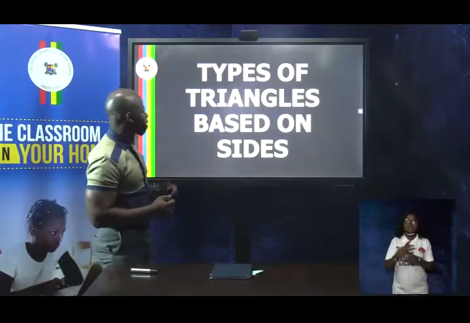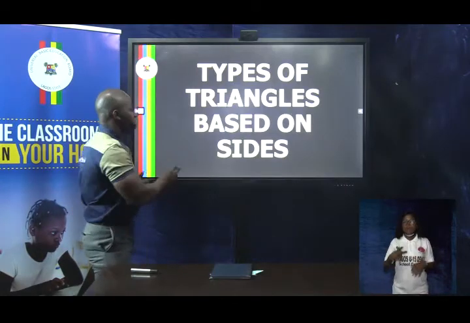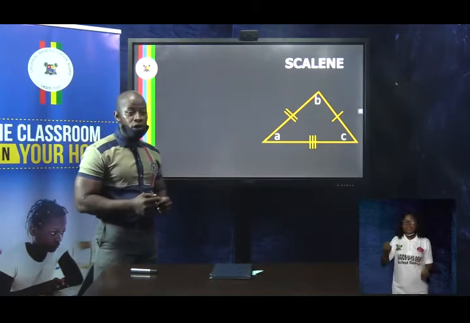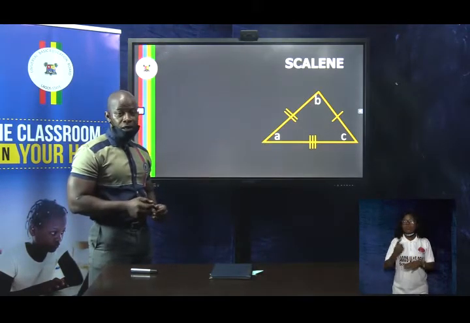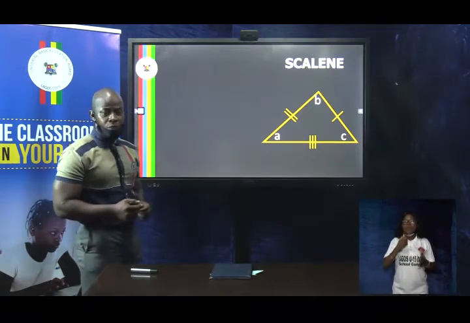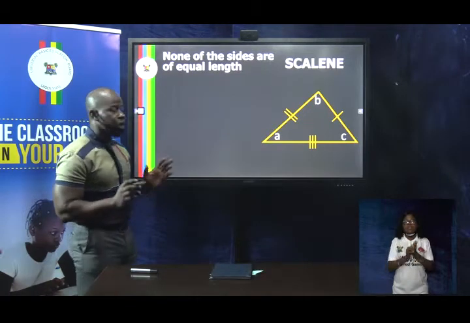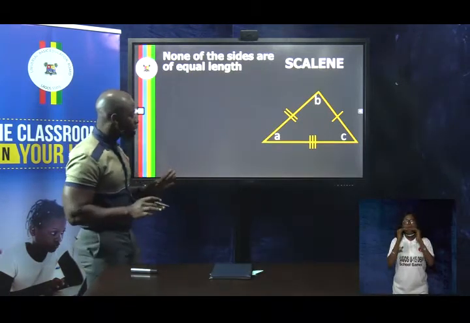Let us now look at the types of triangle based on the properties of their sides. The first one that we are going to be considering is the one we call the scalene triangle. This on the board is a scalene triangle. What are the properties? Let us see. First property is that none of the sides are equal.